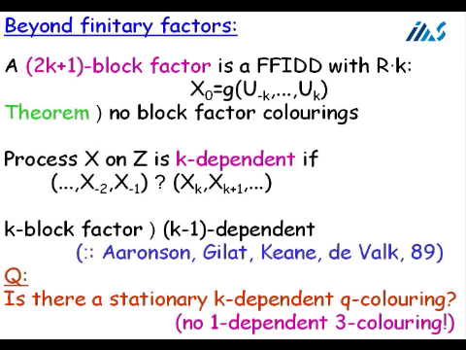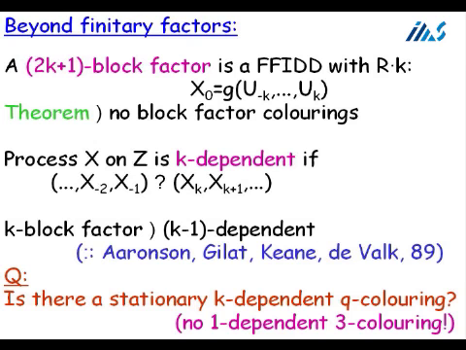And a process is called k-dependent if the values that you see to the left of 0 are independent of the values that you see to the right of k minus 1, or from k onwards. So it's obvious that a block factor is going to be k minus 1 dependent, and it's less clear that you have k minus 1 dependent things that aren't block factors, but this was shown by Aaronson, Gilat, Keane, and de Valk.